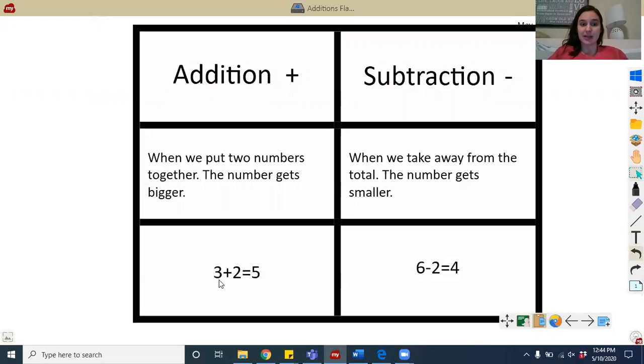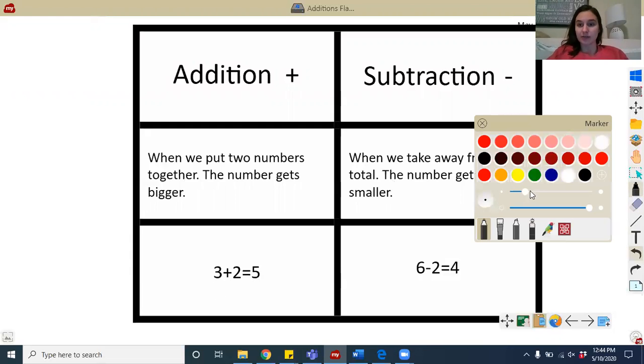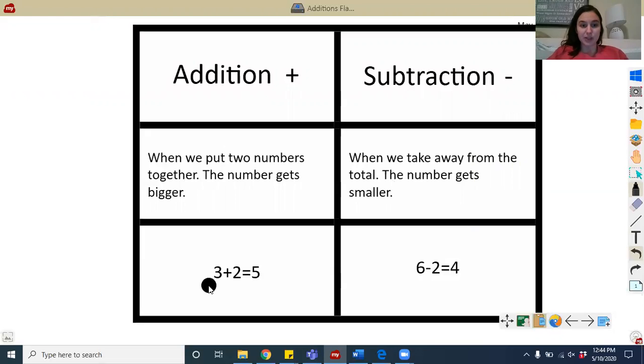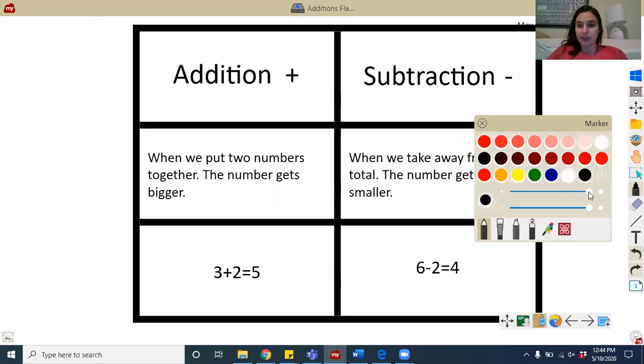So 3 plus 2 equals 5. So if I were to draw this, let's make our dots big enough, but not too big, so I have enough room.